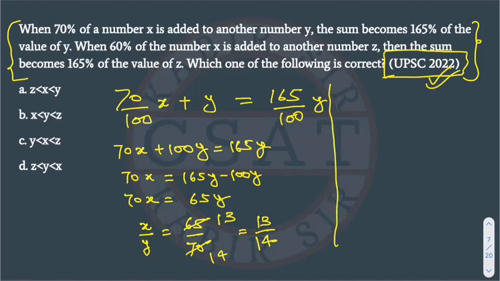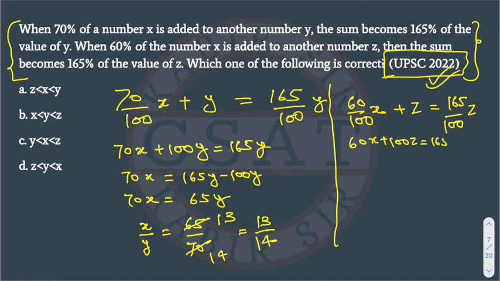Now we will read the other part. When 60% of the number x is added to another number, what? z. Then the sum becomes 165% of the value of z. Now we will solve this equation, right? So it will become 60x plus 100z is equal to 165z.